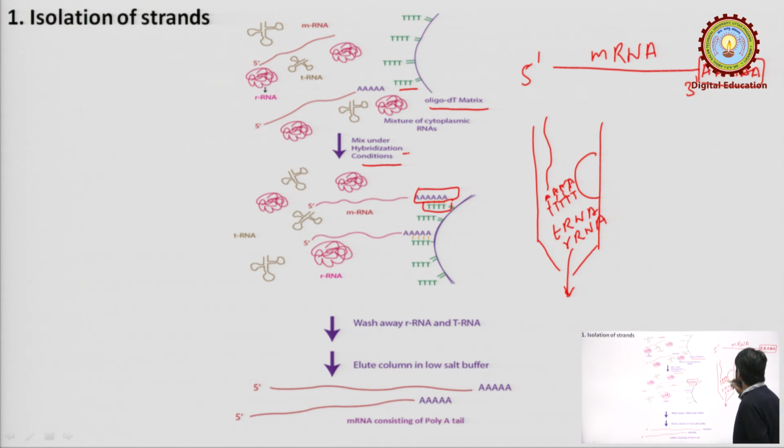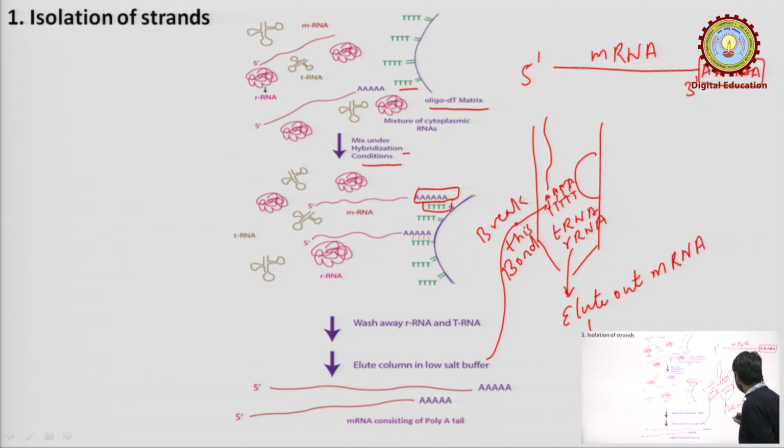low salt buffer. So what low salt buffer will do, it will break this bond, and when this bond is broken, automatically the messenger RNA will elute out from the matrix.